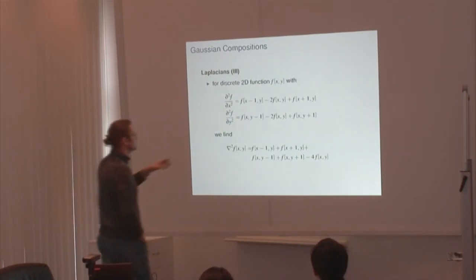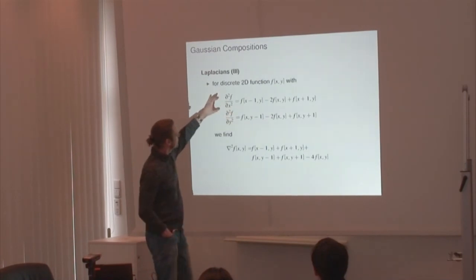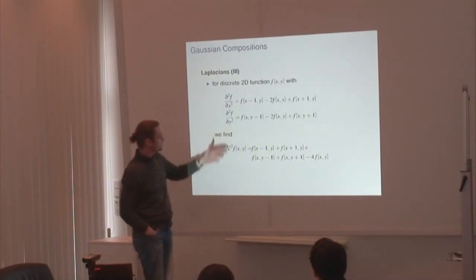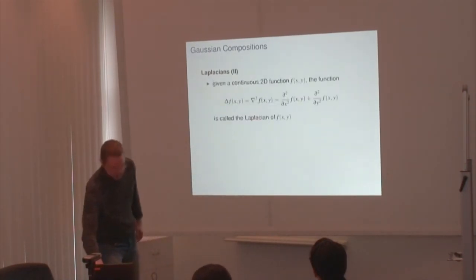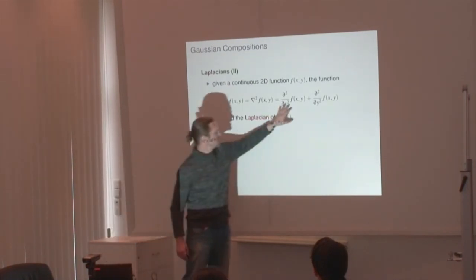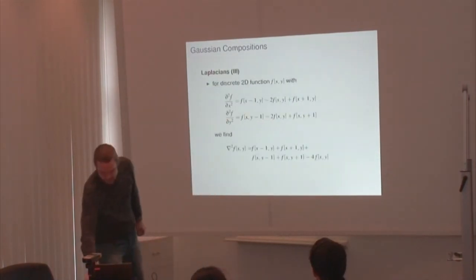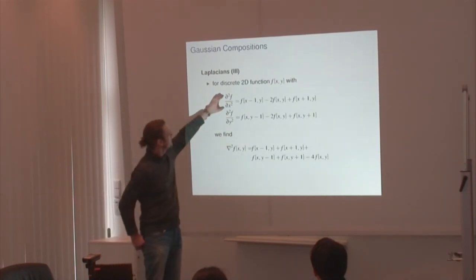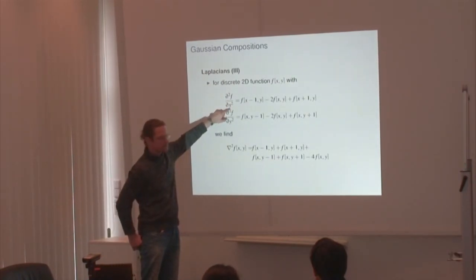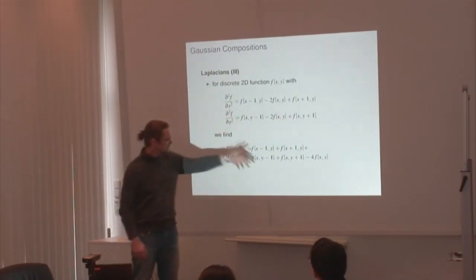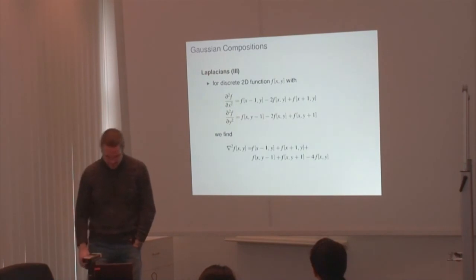But we can do this with respect to the x-coordinate and with respect to the y-coordinate. And then, of course, given the definition of the Laplace operator, we have to add these two things together. So we have the second derivative with respect to x, second derivative with respect to y. We add these two results together. That is what we get.